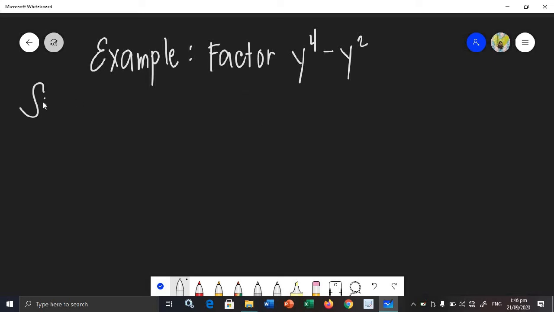So let's write our solution here. And how do we factor polynomials like this? So, di ba kanina I discussed how to get the GCF. So, we will apply that in this lesson. So, what is the GCF of y to the fourth and y to the second power?